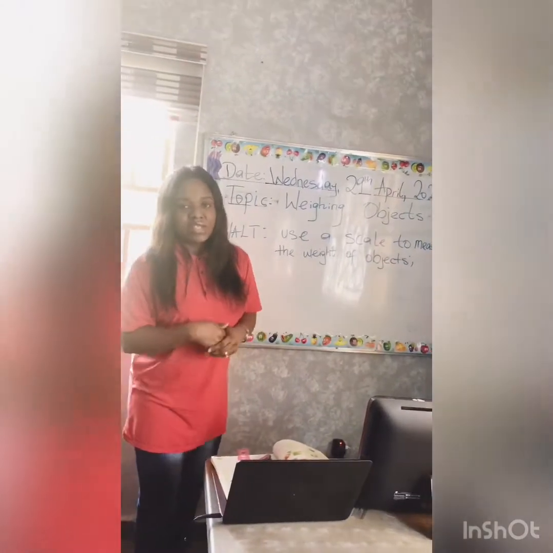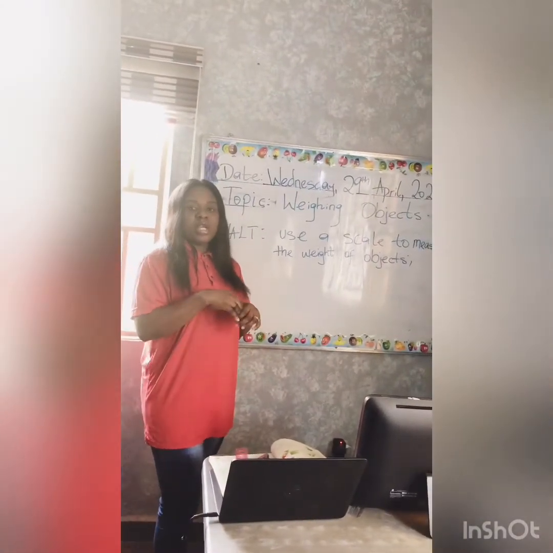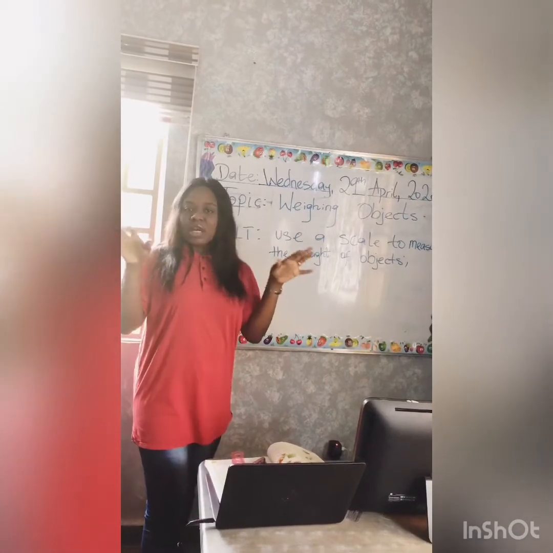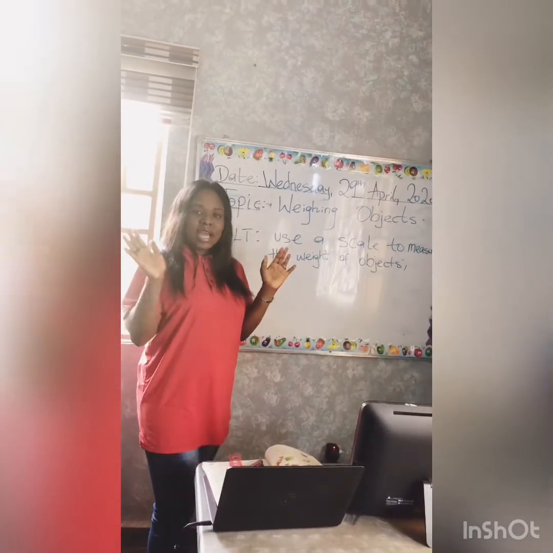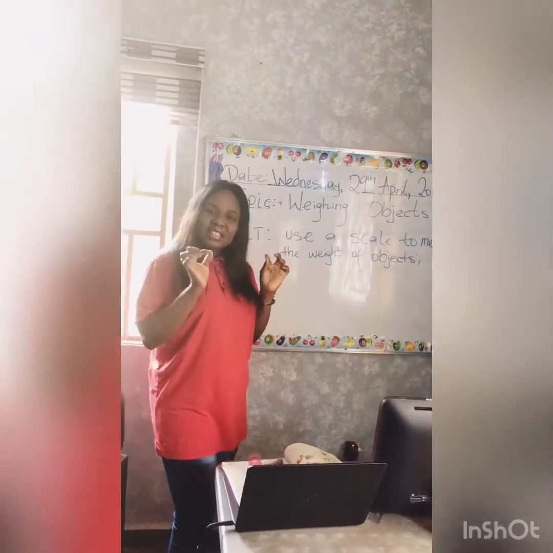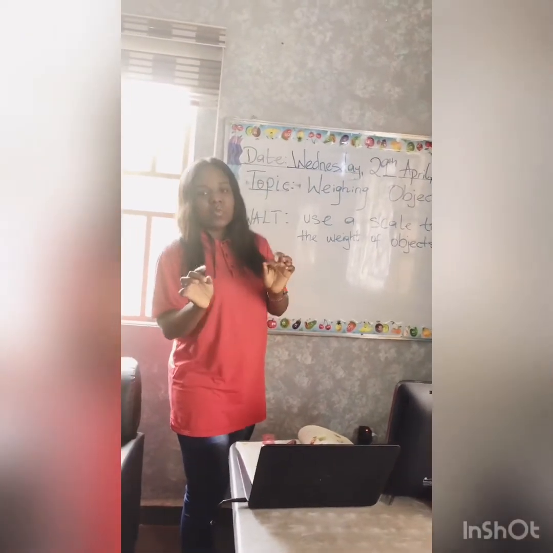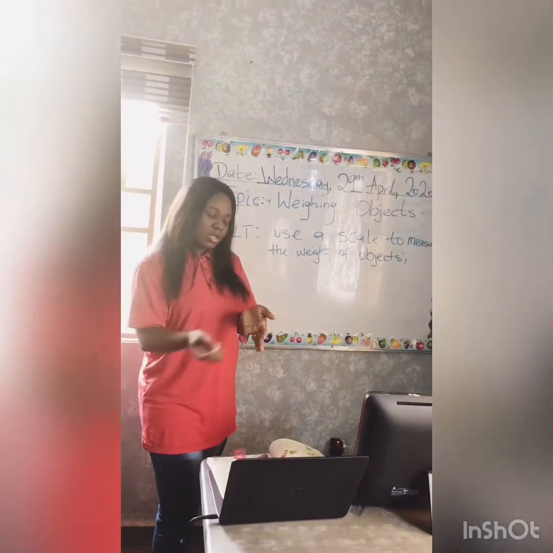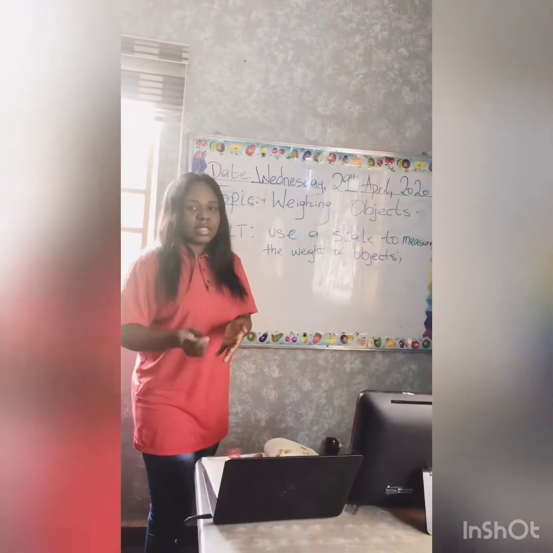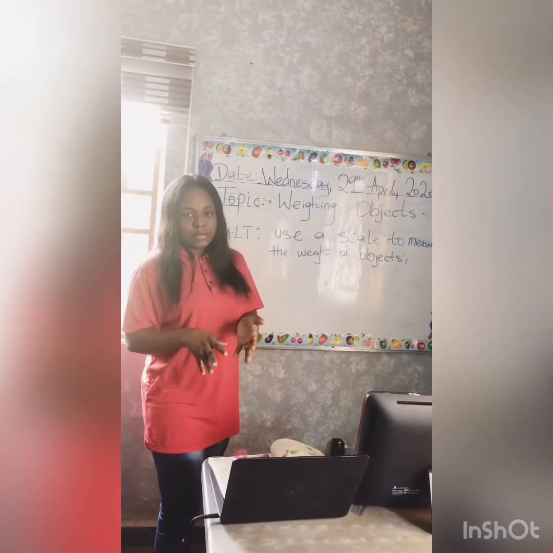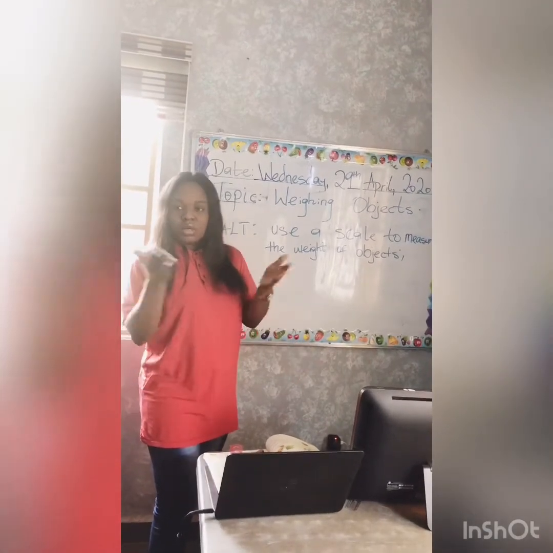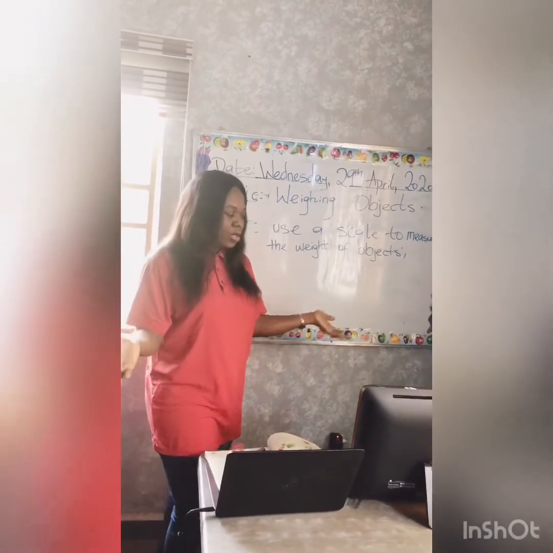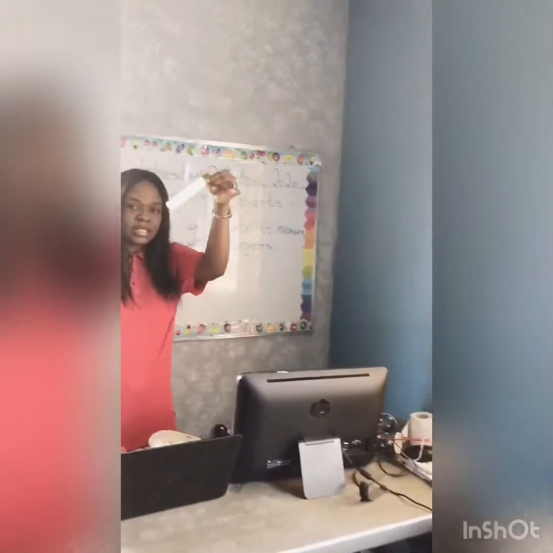So, quick activity for you. Can you look around your house, get objects, and estimate the one you feel will weigh more than the other? You record it, write it down in a notebook while we progress. Look around your house. If I look around, I can get this.